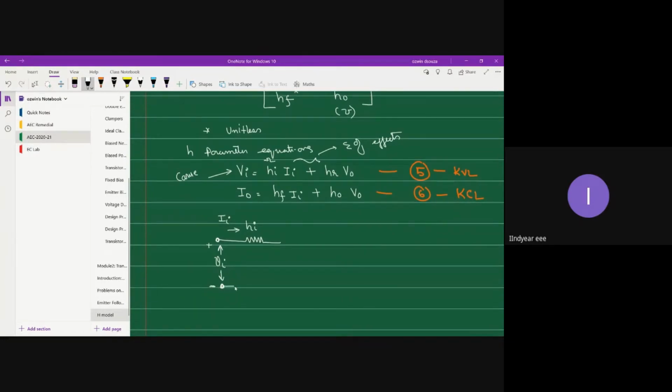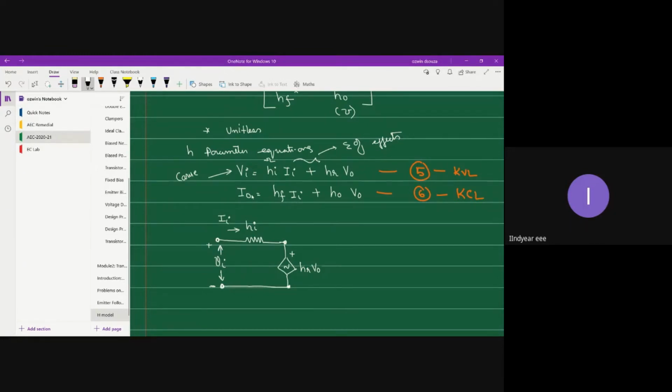A constant times voltage term in circuits represents a dependent source. It is a dependent voltage source because voltage is present, so let us show it with a diamond symbol and write the source as HR into V0. So that's your input part of the equivalent circuit.